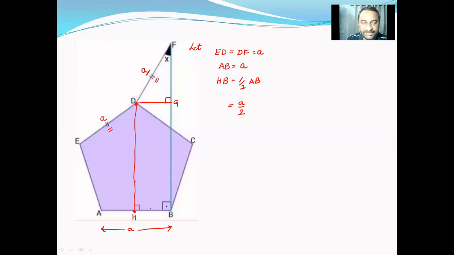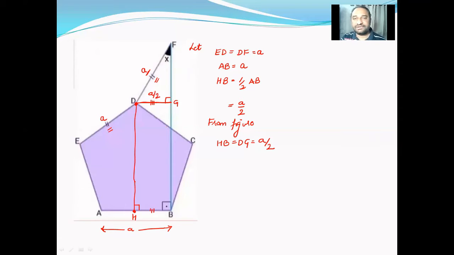Then we know that HB is equal to DG. So from the figure, see how simple it is, HB is equal to DG, so it should also be equal to A by 2.